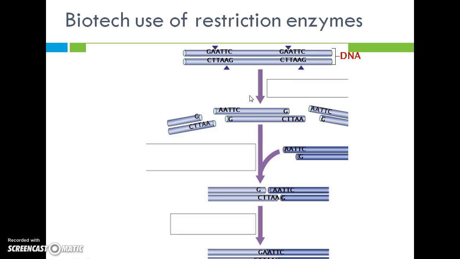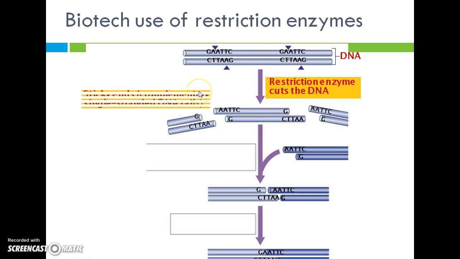So here's a really good example of how biotechnology uses these restriction enzymes. So we can see here that our restriction enzymes are going to cut the DNA at the restriction sites. Here we've got a restriction site and a restriction site here. Now if I use that restriction enzyme, it's going to create these sticky ends, and those sticky ends are going to be complementary.